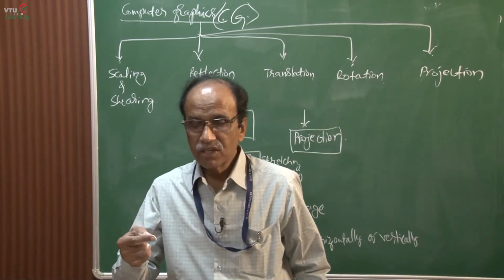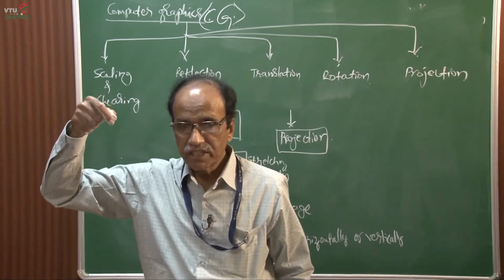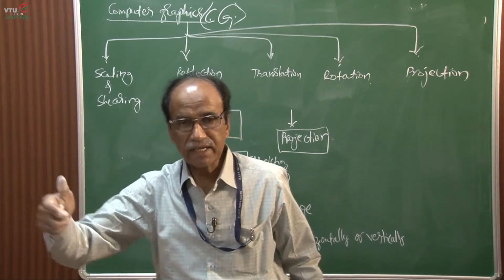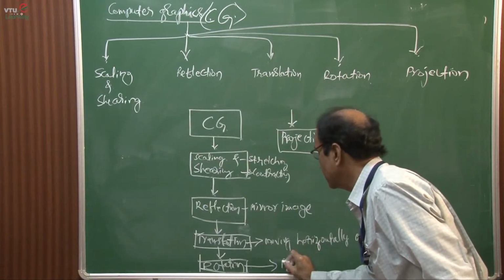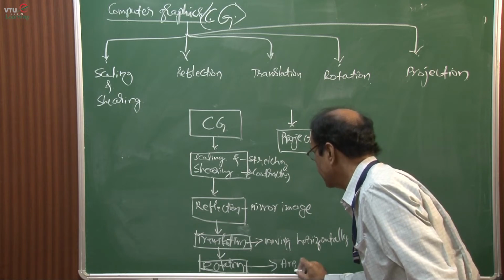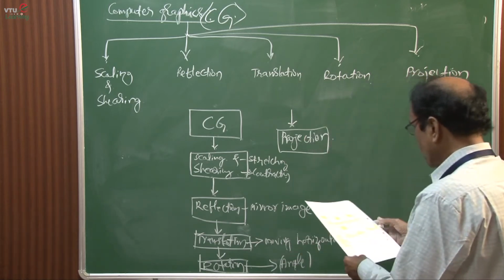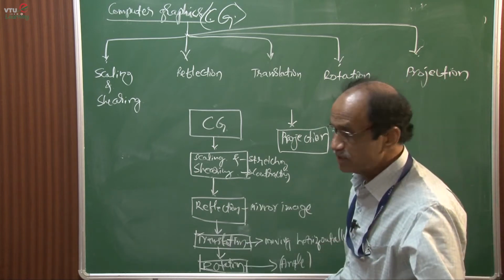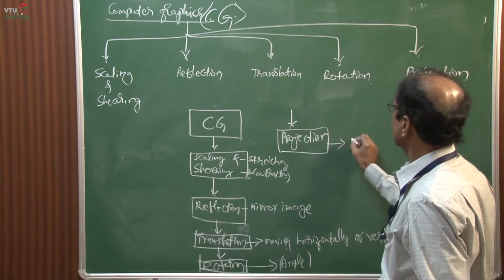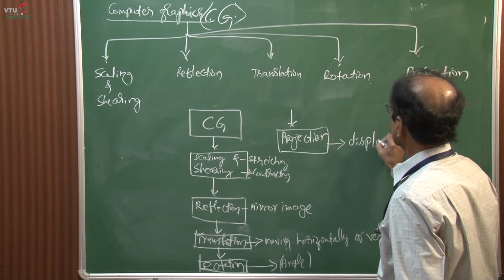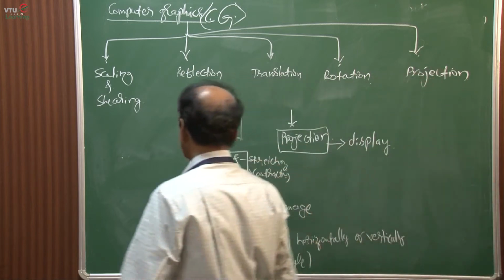Rotation means you have to rotate from the initial line, which is nothing but an angle. Then you can think of utilization of the angle. And the projection: projection is nothing but display.